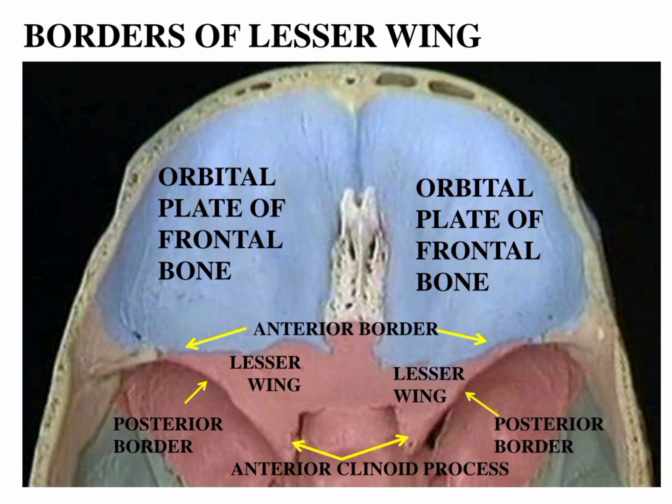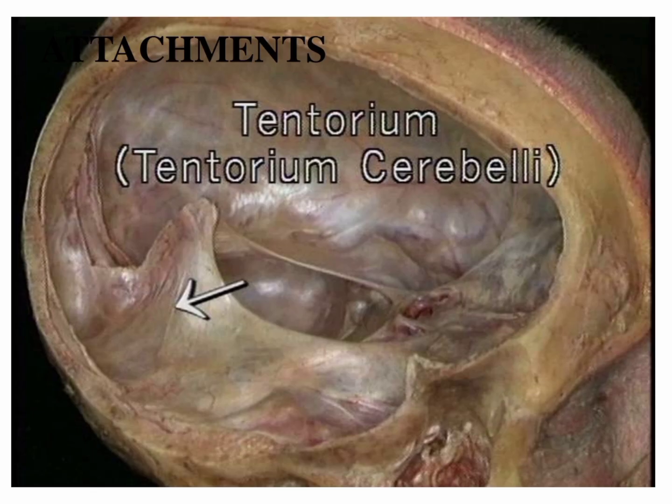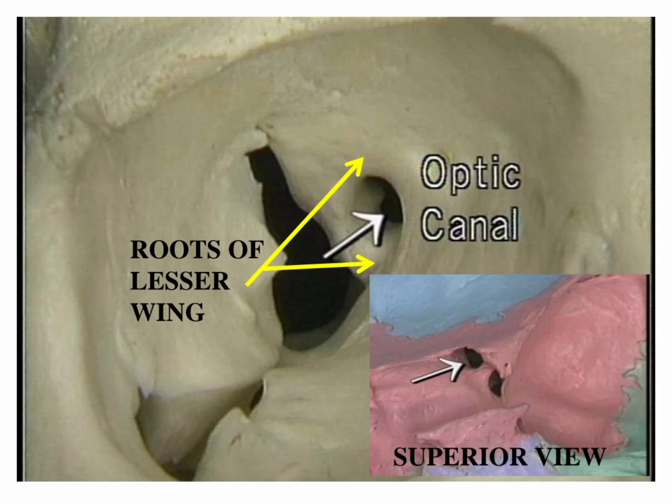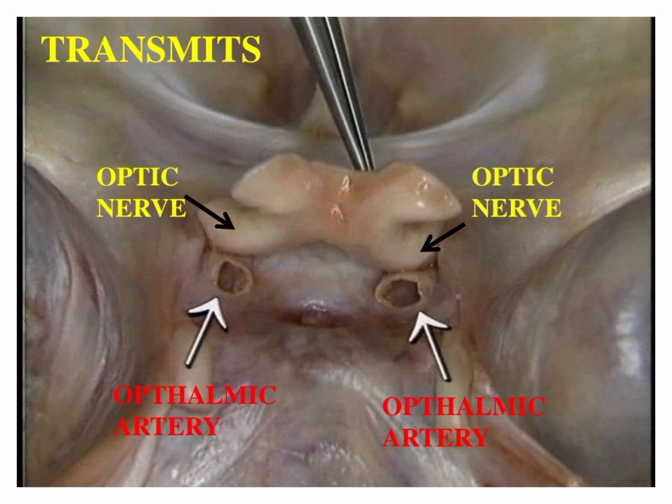Anterior border articulates with the orbital plate of the frontal bone, and the posterior border, which is free in the medial end, forms an anterior clinoid process. Anterior clinoid process gives attachment to the free border of tentorium cerebelli. Lesser wing is attached to the body by two roots. In between the two roots, there is optic canal. Optic canal transmits the optic nerve and the ophthalmic artery, a branch of internal carotid artery.